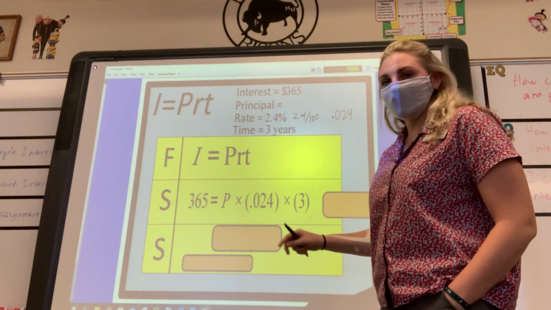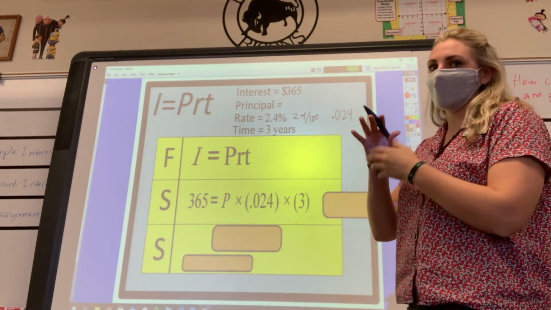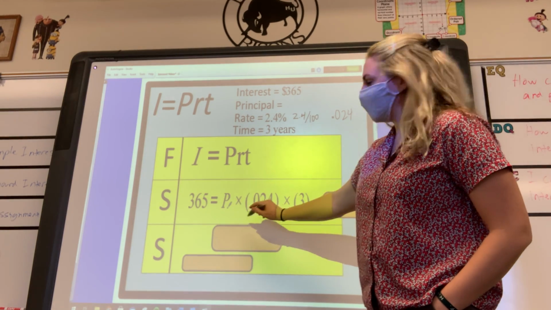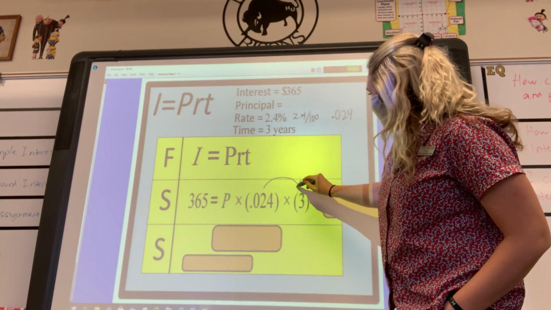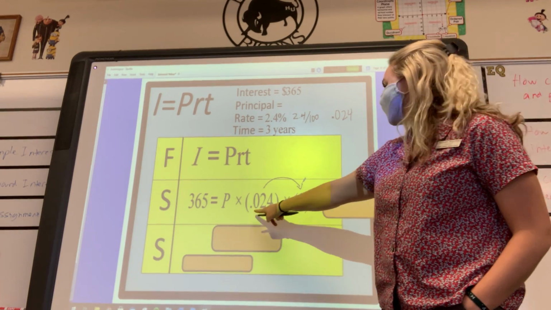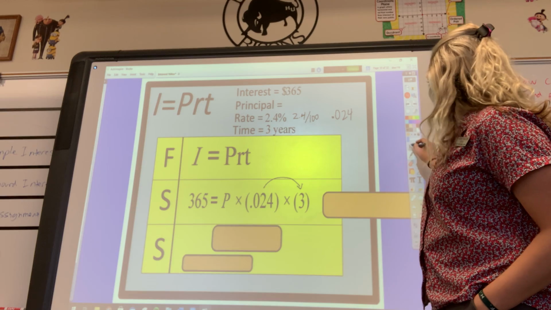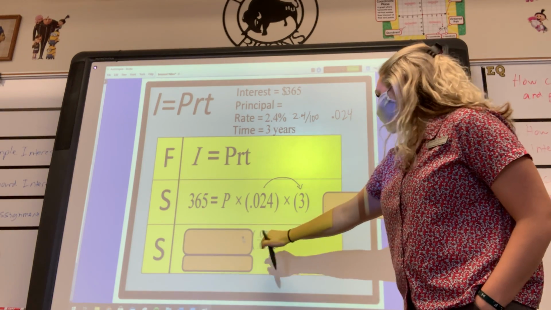Okay. So with multiplication, you can multiply any numbers together as long as they are shown to be multiplied. So we don't know what the P is, but we do know that we can multiply 0.024 times 3. So once we get that answer, we will find that that number is equal to 0.072.